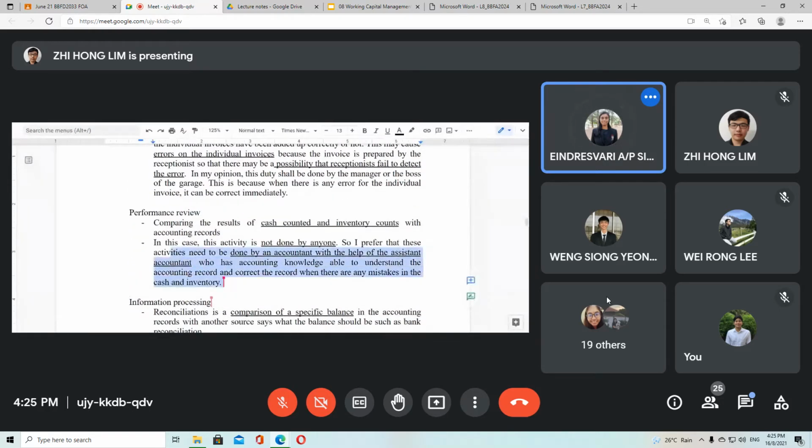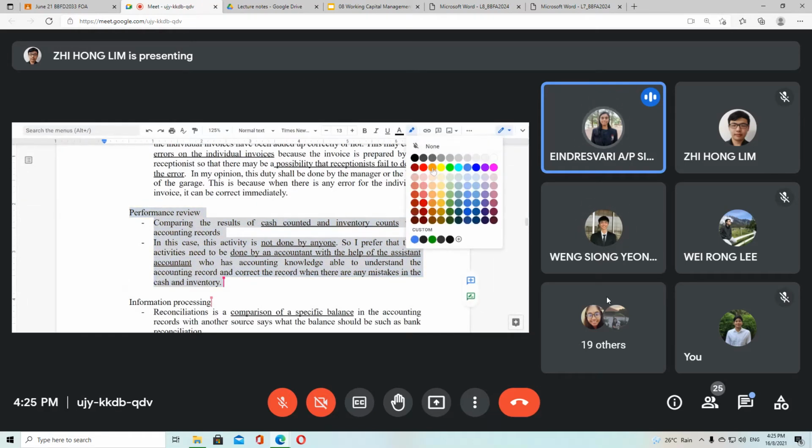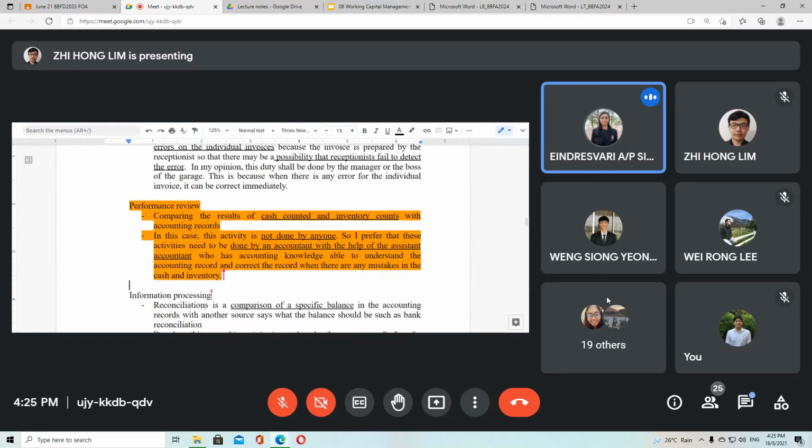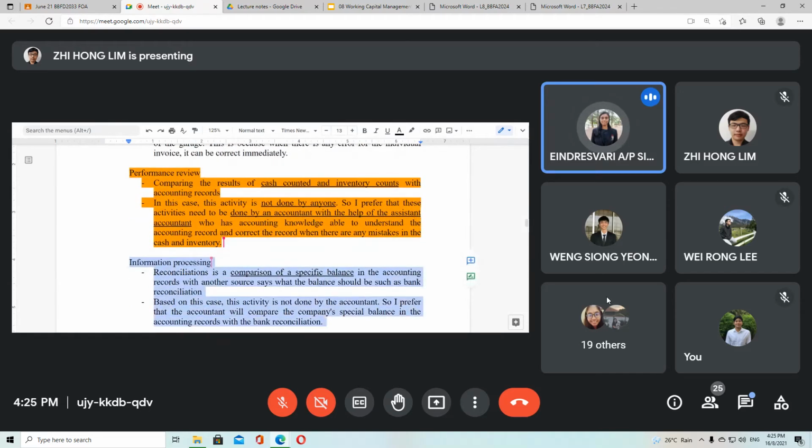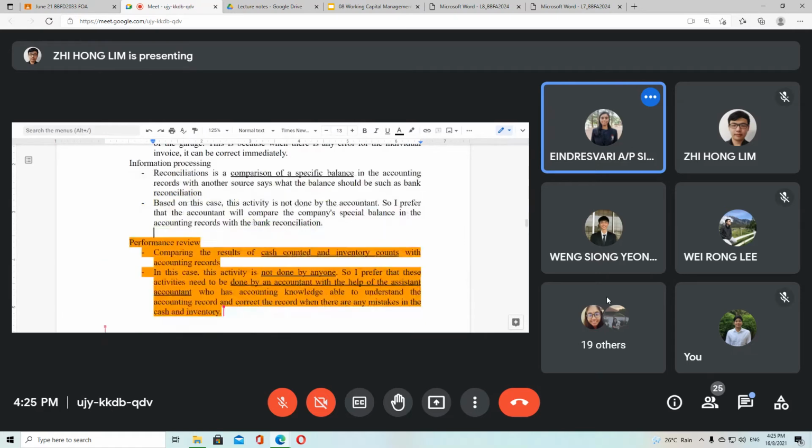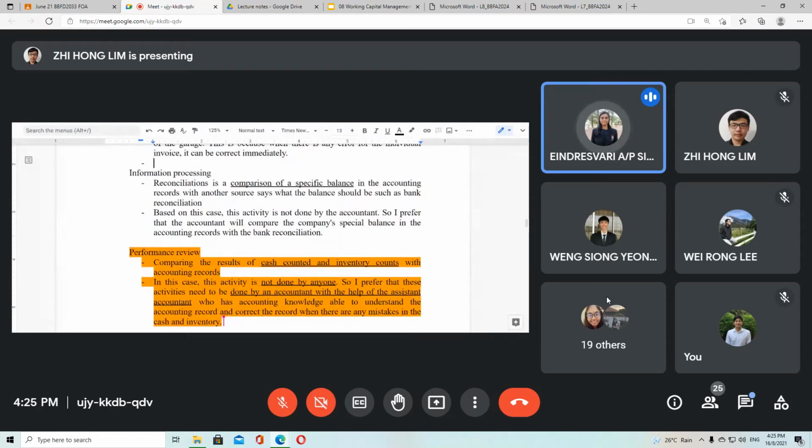Okay. So basically, you will have the accountant check the accounts with the assistant accountant. But you don't have an assistant accountant, right? You only have a receptionist.